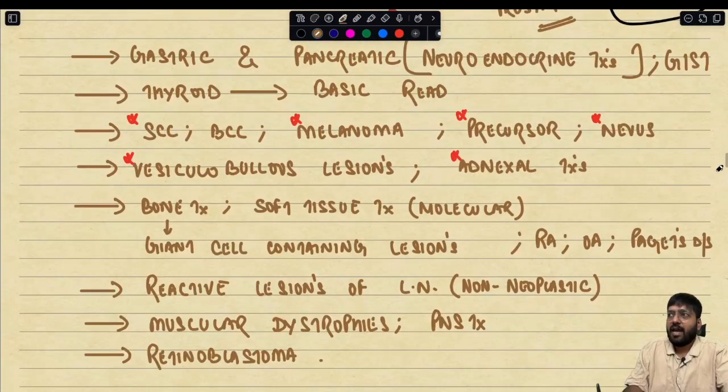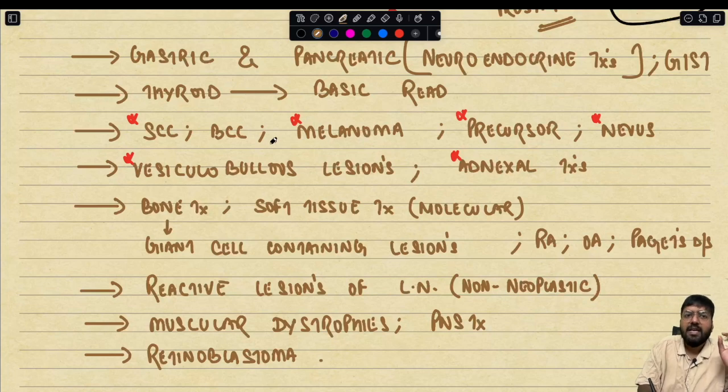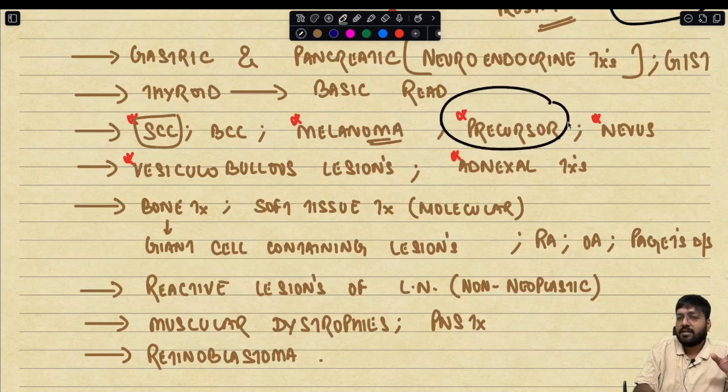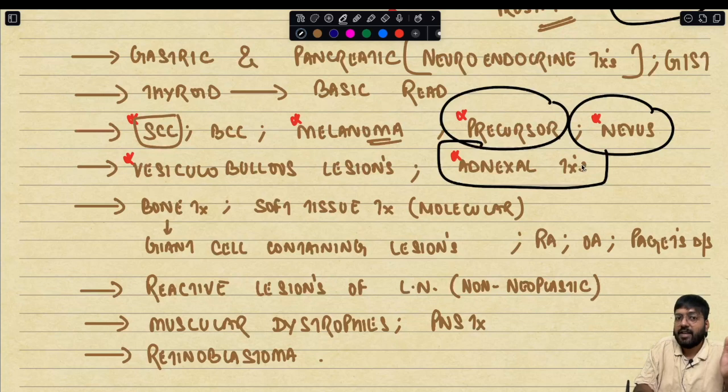Then about the thyroid, you should just read the basics of hypothyroidism and hyperthyroidism. Then very important: squamous cell carcinoma, melanoma, and precursor lesions, that is the nevus. All these things can be asked in the exam relating to the skin. Adnexal skin tumors can be asked as well. Adnexal tumors of the skin are very important.